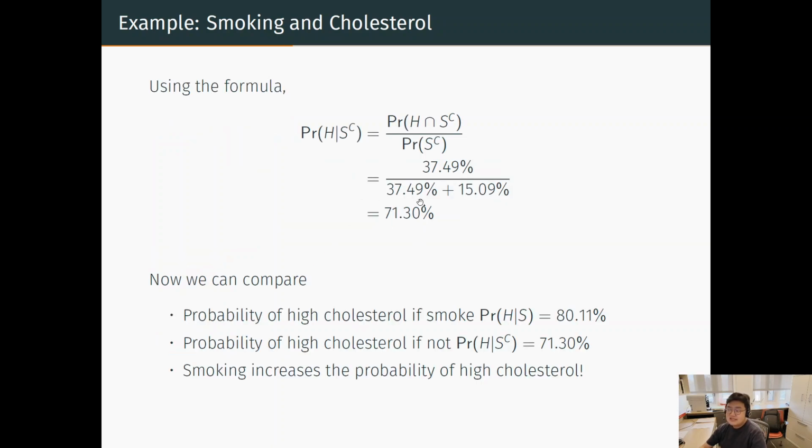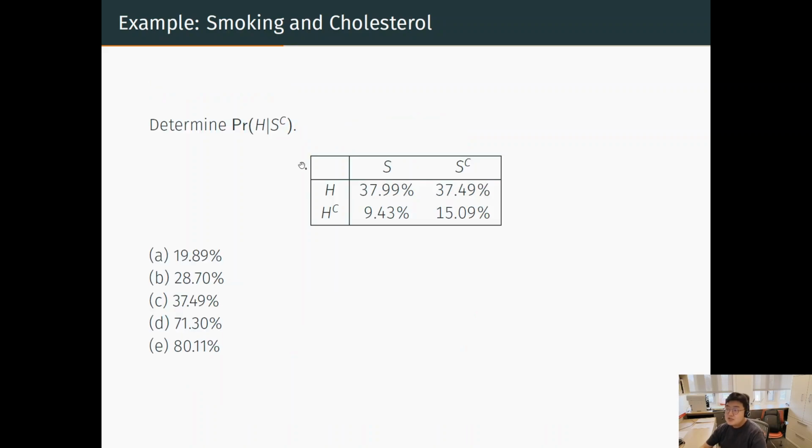The answer is 71.3%. So S complement is the condition. S should not happen. So never smoked. Include these two outcomes only. So you delete the first column and use the second column only. Among these two types, we are calculating probability of high cholesterol, the first row.